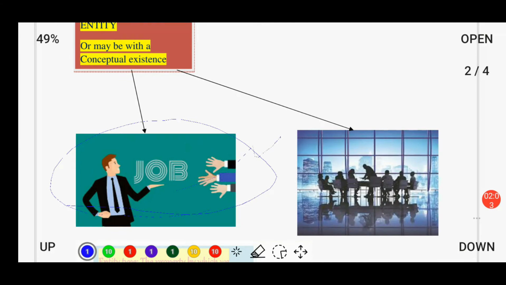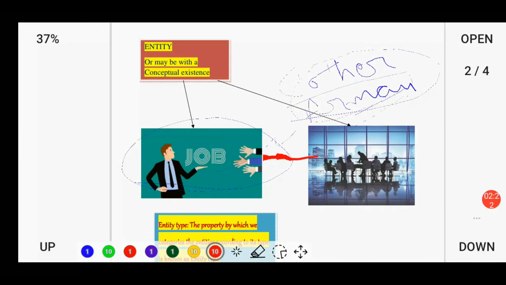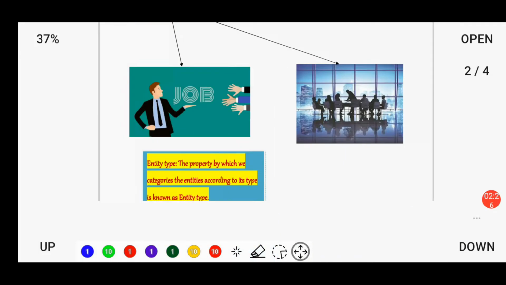Another example is a company of various persons working on a single task, such as creating a product like cloth, for example the Armani brand. Anything having a conceptual existence also comes under the category of entity.